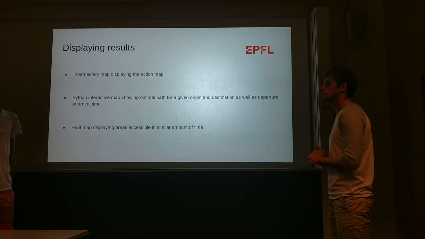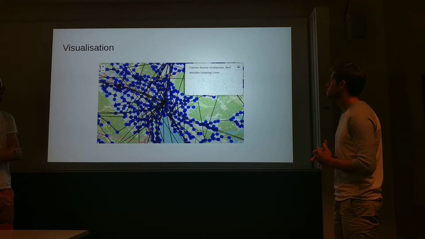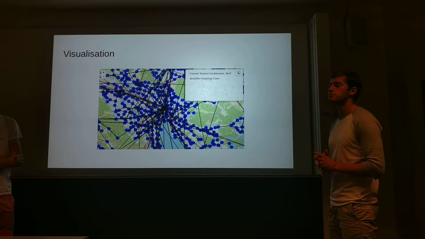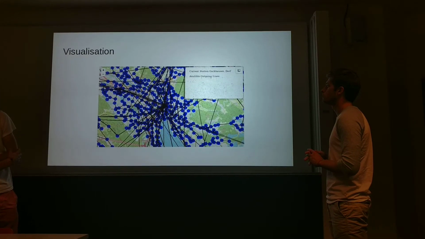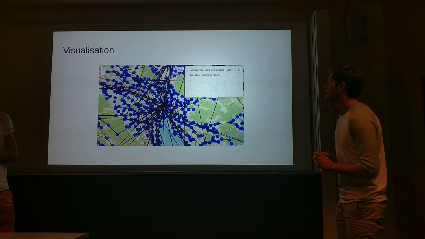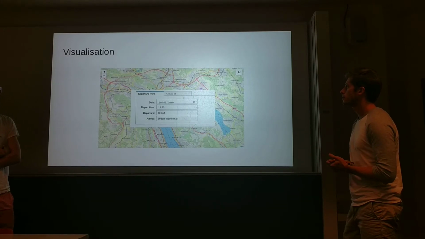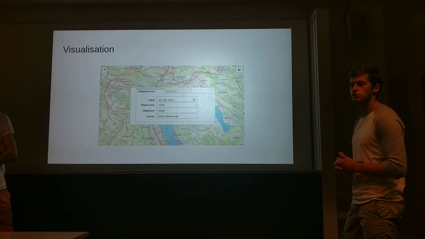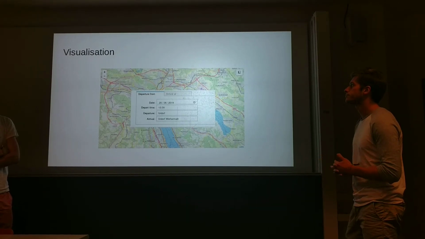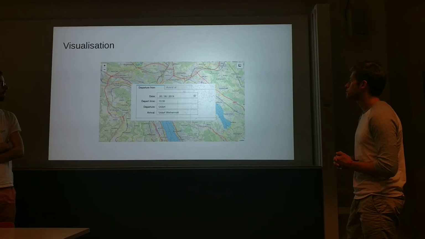The first map displays the graph of all train and bus stations, and also the corresponding lines. We had a walking time between stations under 5 minutes to get better accuracy. So this is the form we generated for the user.